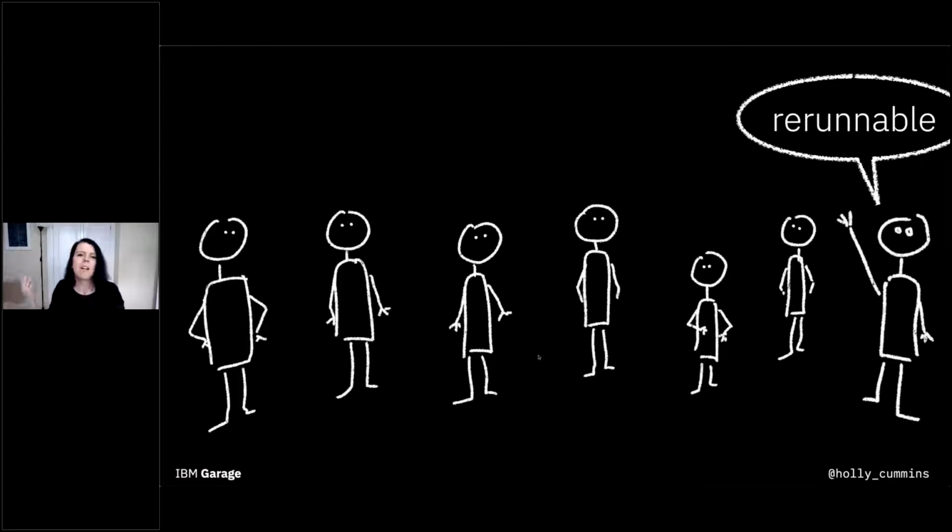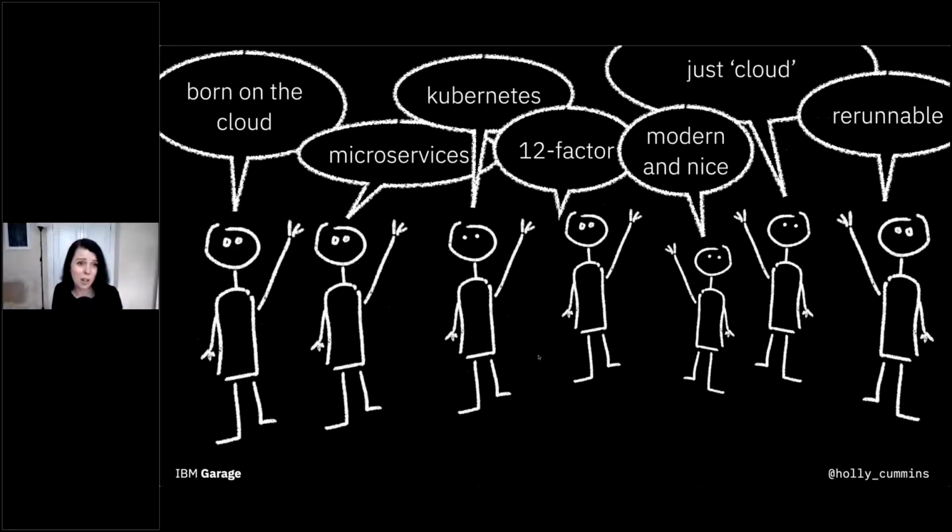So with all of these definitions of cloud native, how do we even figure out what we're talking about and if we're talking about the same thing? I think it's useful to step back and ask two things. One is, what problem are we trying to solve?